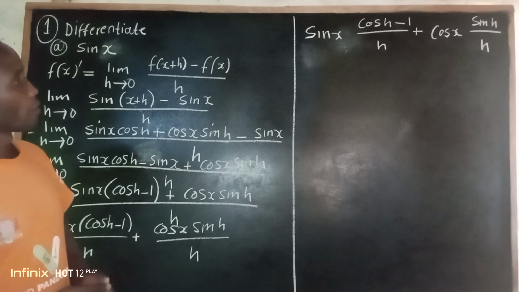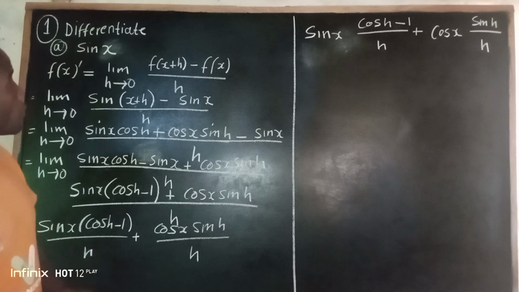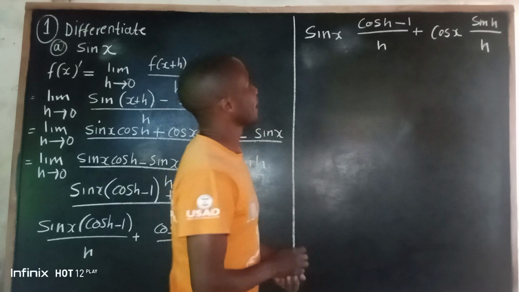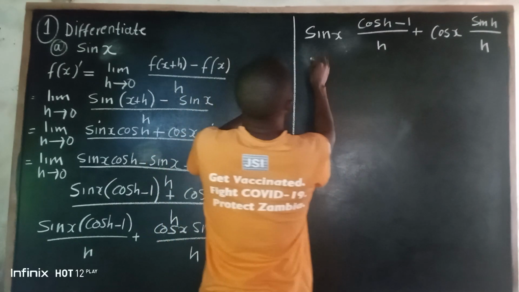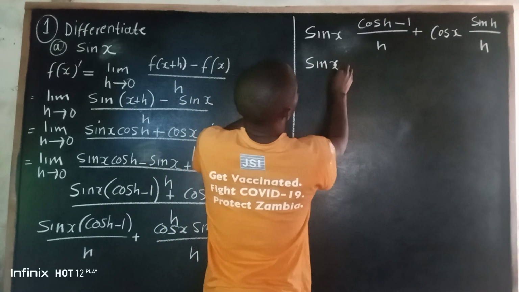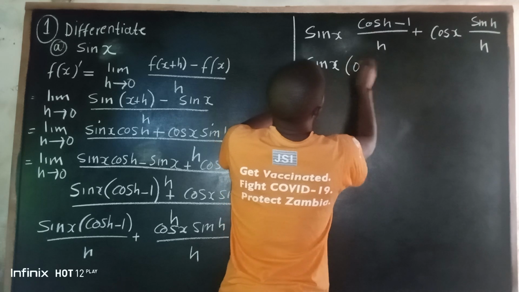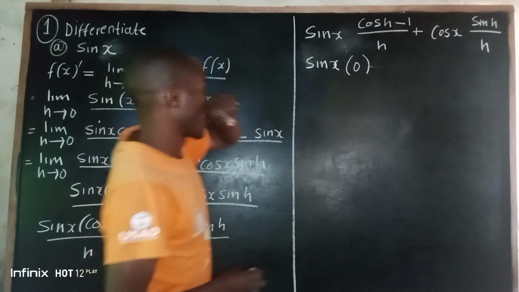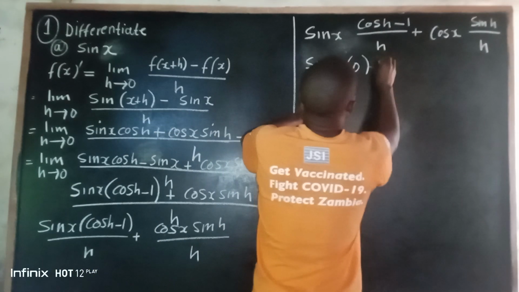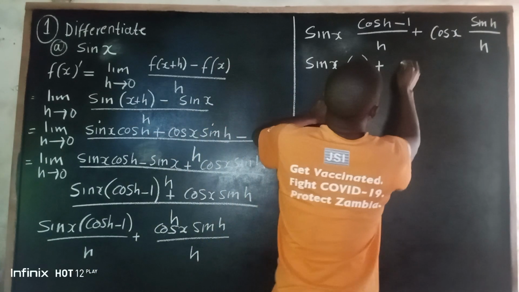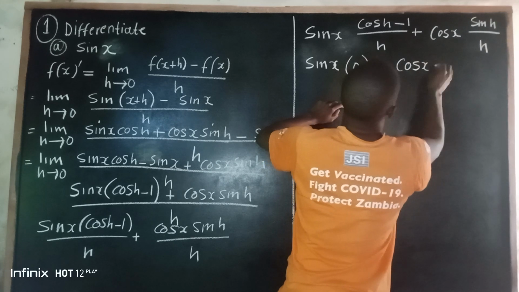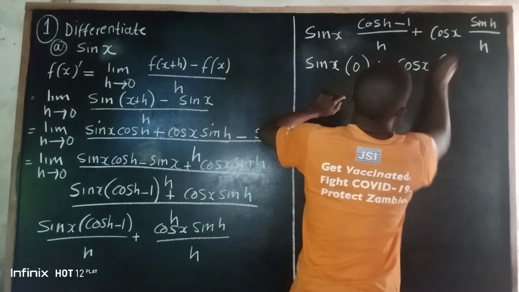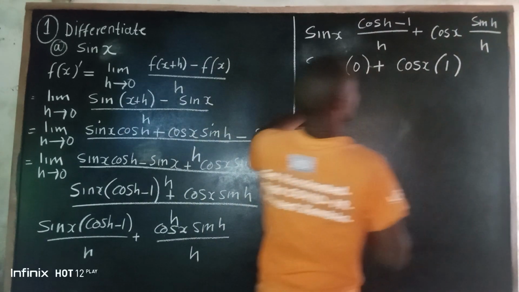On limits, cos h minus 1 over h is actually 0. All this thing is equal to 0. That's what the limit states. Then plus cos x, where sine h over h is equal to 1, according to limits.